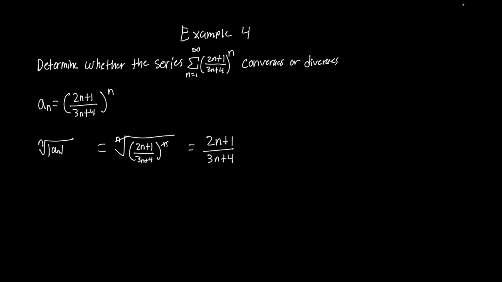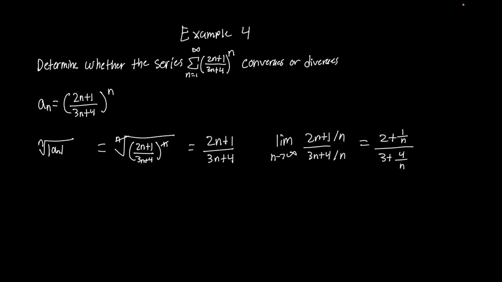Now all that's left to do is take the limit. The limit as n approaches infinity of (2n + 1) over (3n + 4). We can just divide both terms by n. 2n divided by n is just 2, plus 1 over n, over 3n divided by n, which is just 3, plus 4 over n.